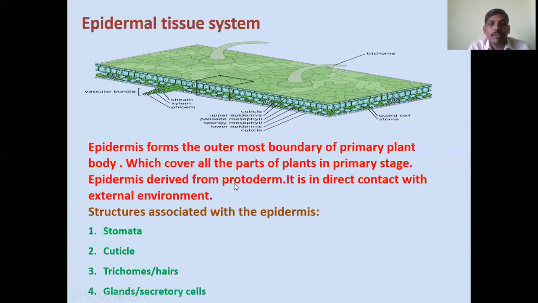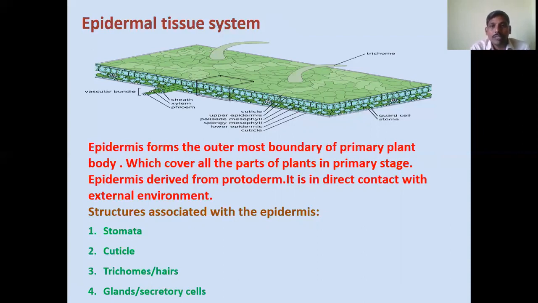Epidermis is derived from the protoderm. The protoderm is related to meristematic tissue, and that meristematic tissue is responsible for the formation of epidermis and accessory parts. The epidermis layer is in direct contact with the external environment.